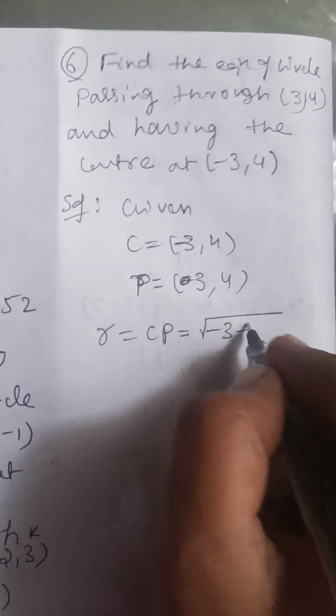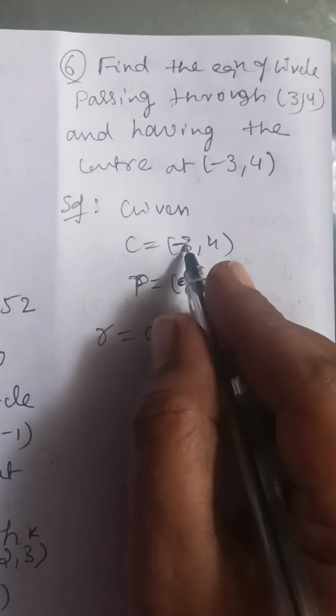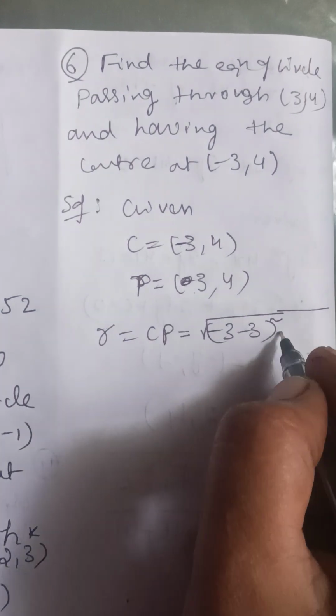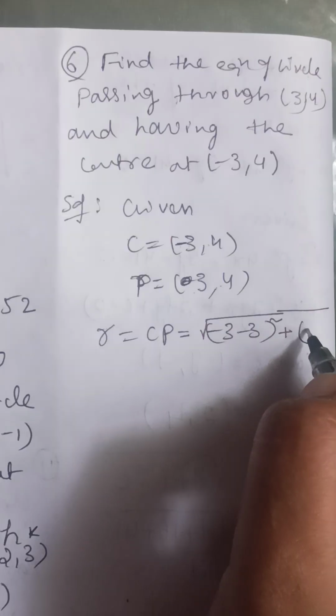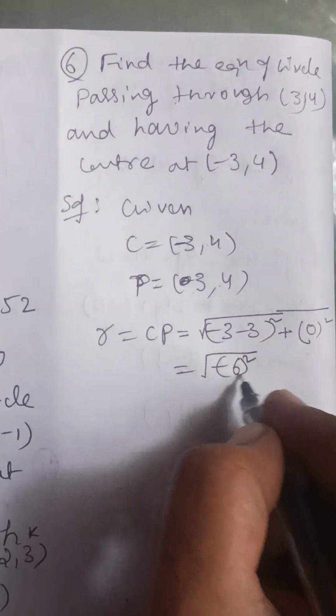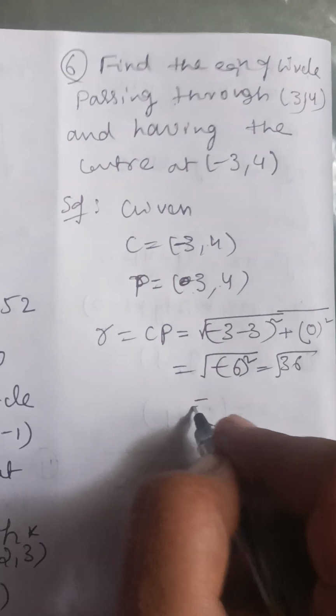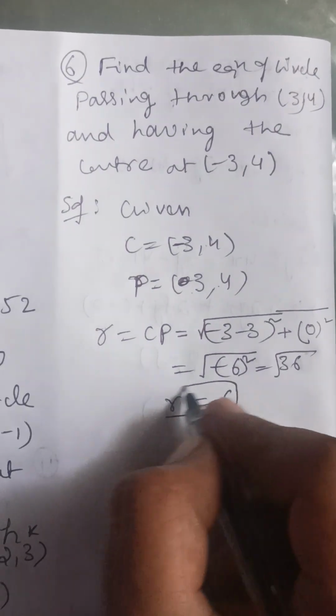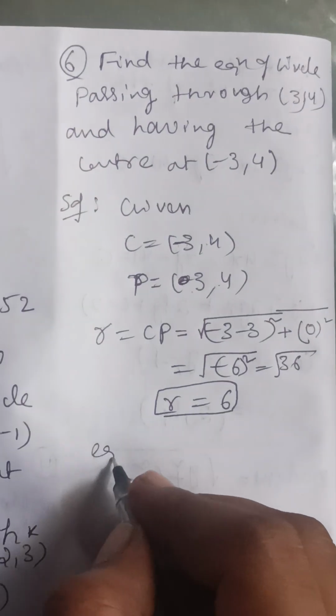So minus 3 whole square, minus 3, take the opposite side. Okay, plus 4 minus 4, 0. So minus 6 square, which is equal to 36, so 6. Radius equal to 6.